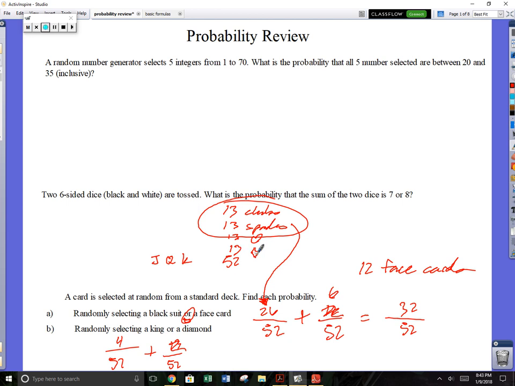We counted the king, so I need to take him away. There's overlap. He exists in both groups, so don't count him twice. If there's ever any overlap, you've got to subtract it. So it should be 4 out of 52 plus the 12 out of 52. So there's 16 ways to win out of the 52 cards in the deck.